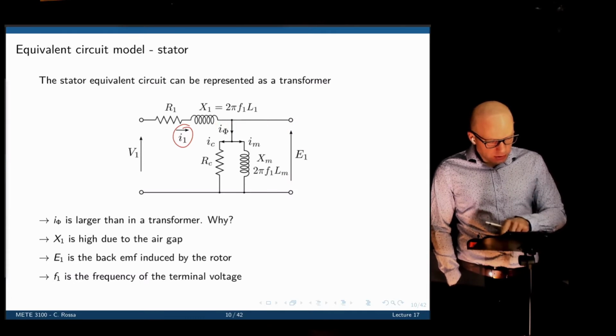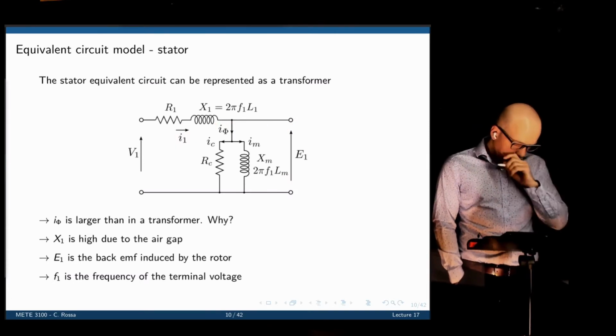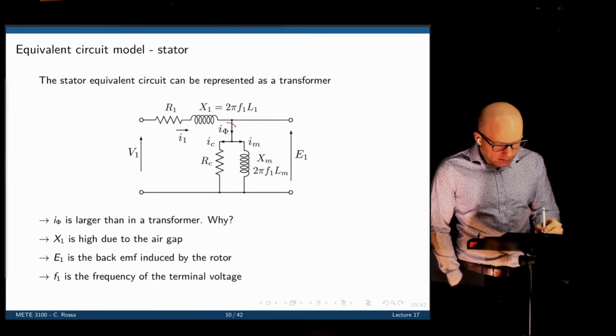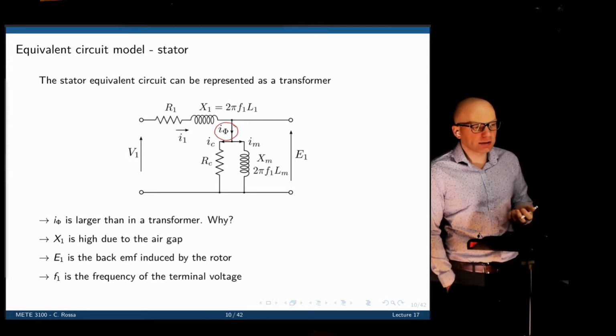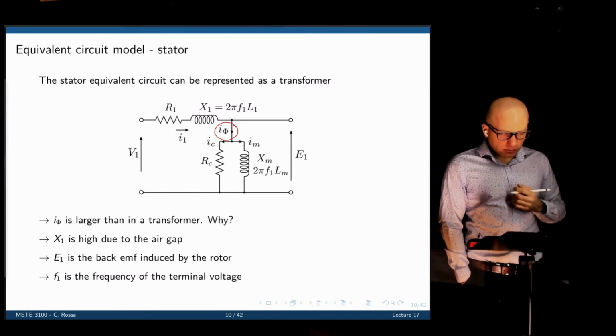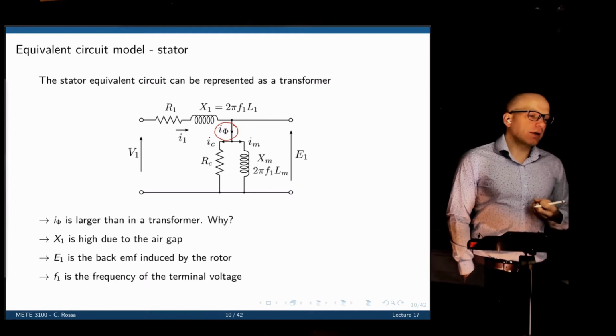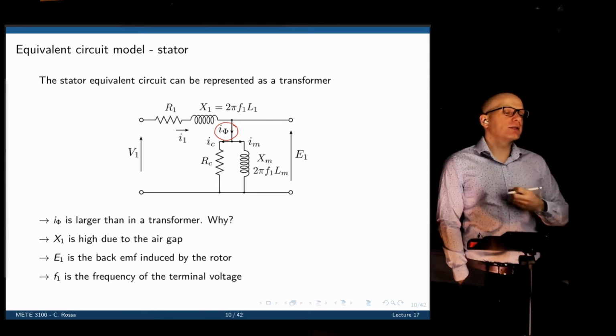In this example here, or in transformers, I would say the magnetizing inductance was very small, and we could neglect that. In an induction machine, the magnetizing current is much greater than what we saw in a transformer. Why is that the case?